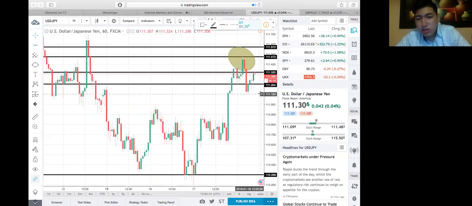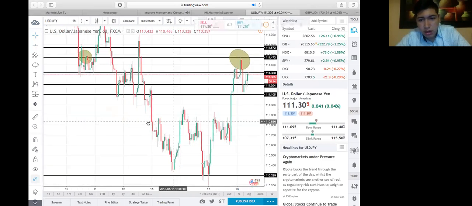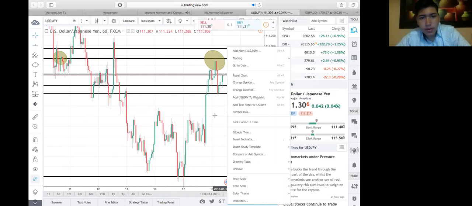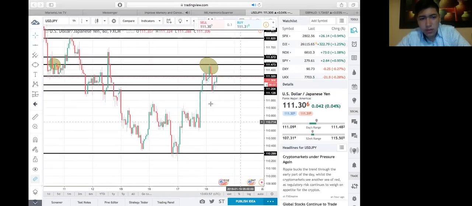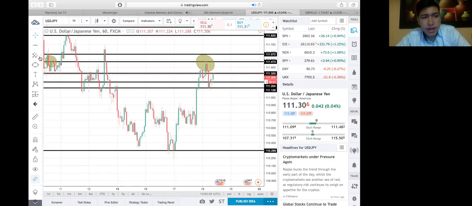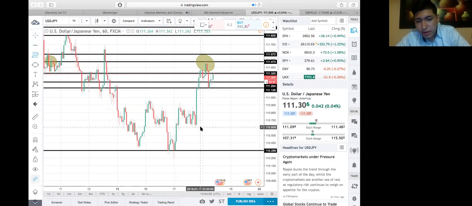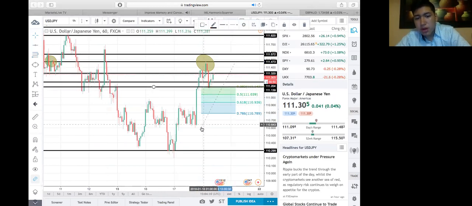If I draw a support line right here, and I take out my Fibonacci retracement from here to here, I can see that the 38.2 was my what?